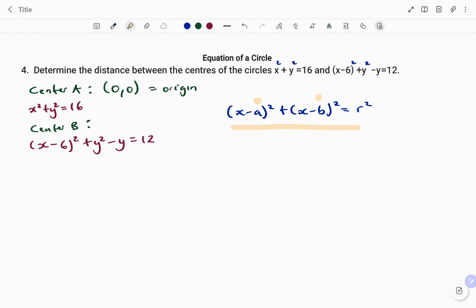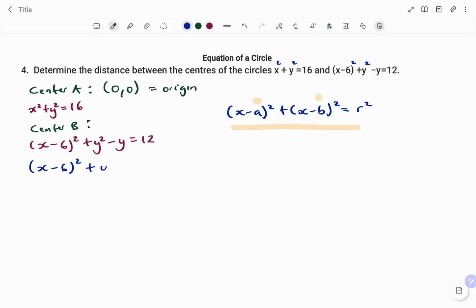So going back to the question, we have x minus 6 all squared plus y squared minus y equals 12. Applying the completing the square method, x minus 6 has already been completed. Then we complete the other part of the equation, which says y squared minus y. The coefficient of y squared is 1, so we are fine with that.